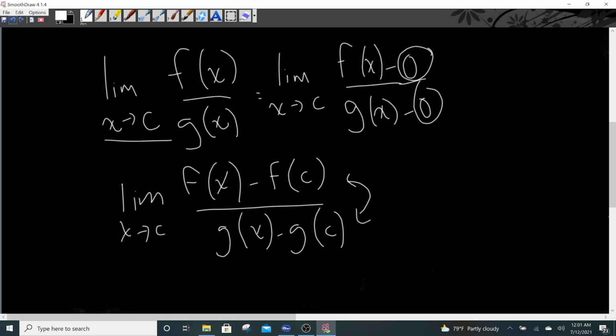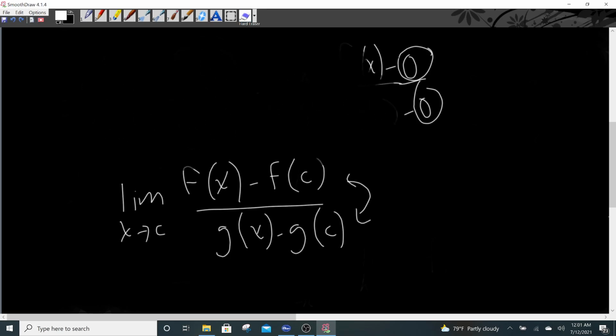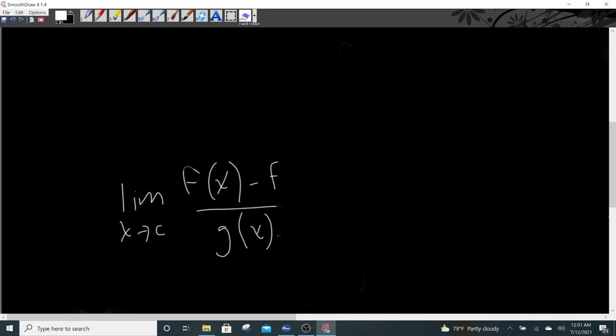And therefore, stick with me here, if we divide both the numerator and the denominator by x minus c, we are at the exact same point that we were when we had our proto-derivative.